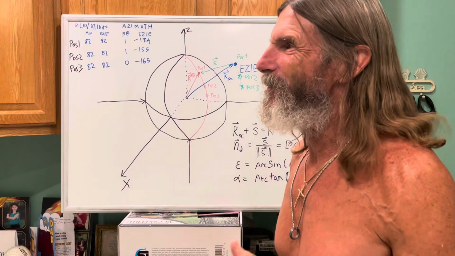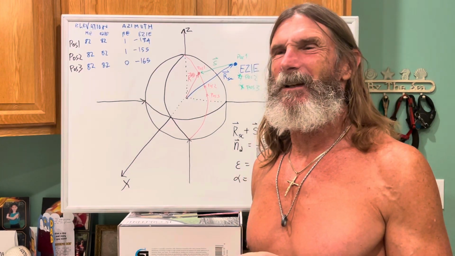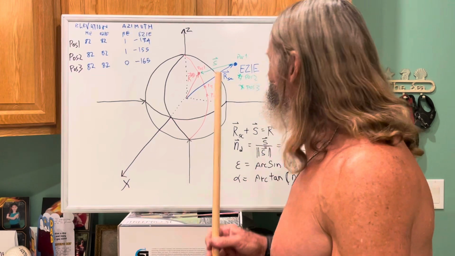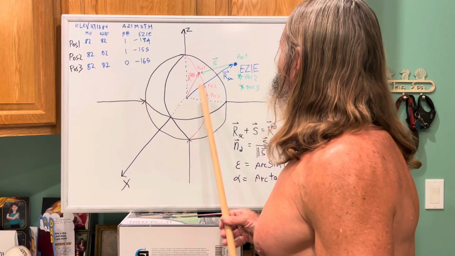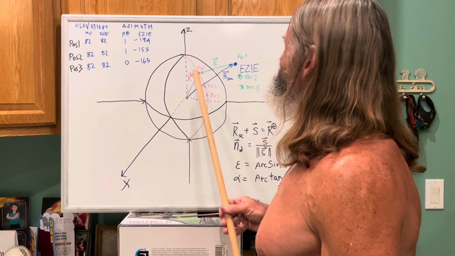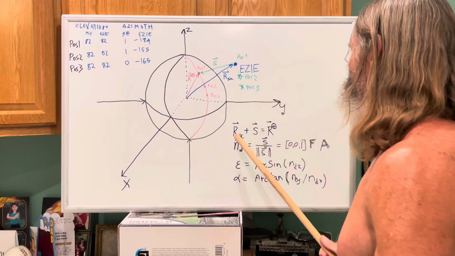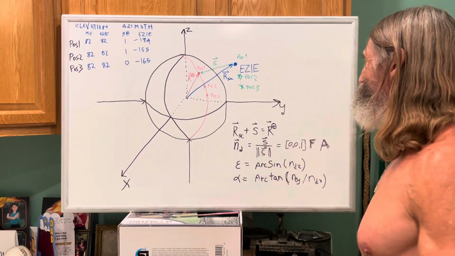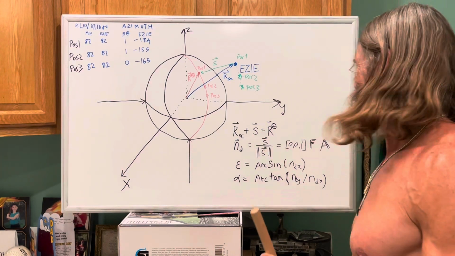I can calculate the radius of the Earth at the latitude and longitude they give me, so I can get this vector here. Basically this vector, R_SE plus S vector, should equal the Earth vector. It's simple math: R plus S equals R. From here you can solve for S pretty easily.